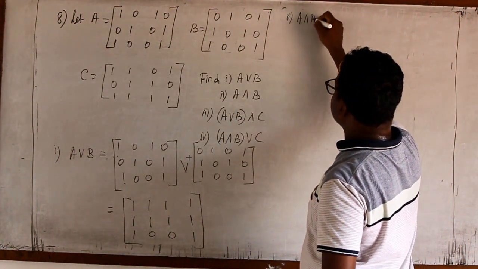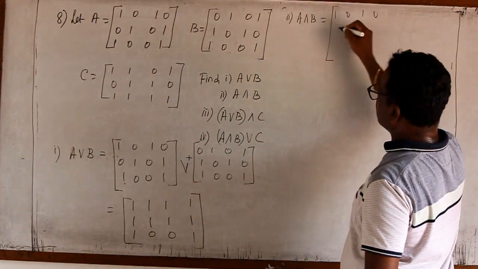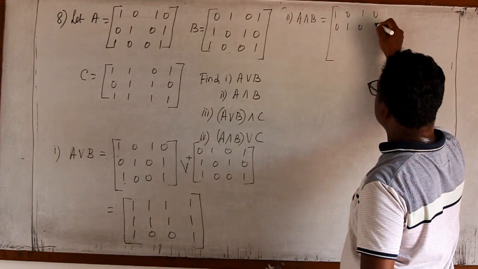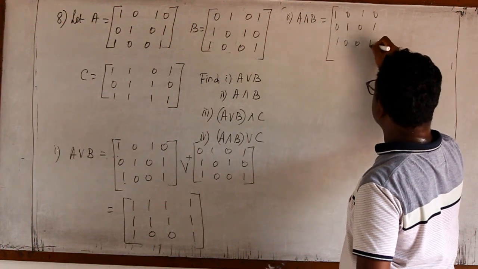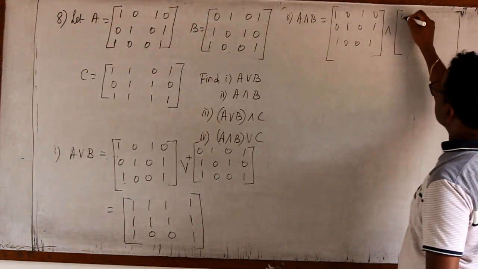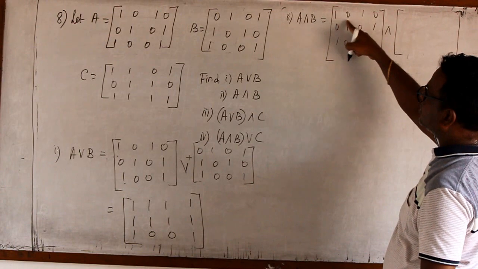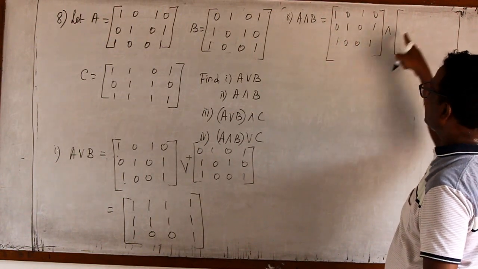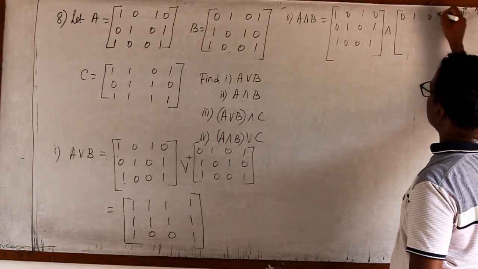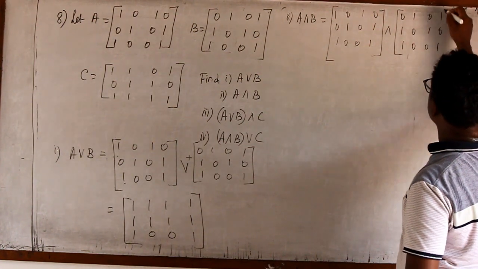A conjunction B. That is A is 1 0 1 0 0 1 0 1 1 0 0 1 and B is 0 1 0 1 1 0 1 0 1 0 0 1.